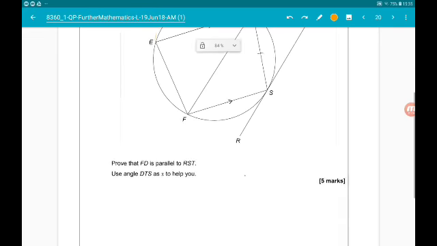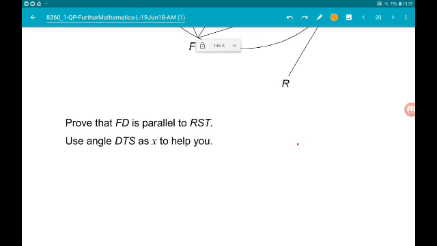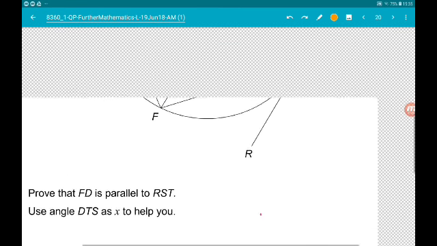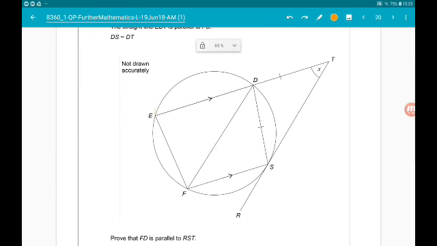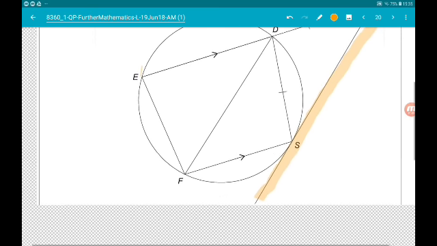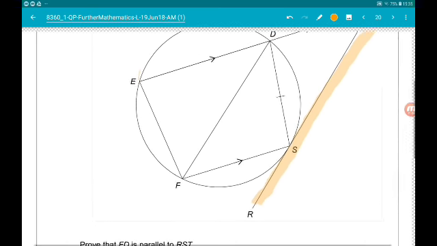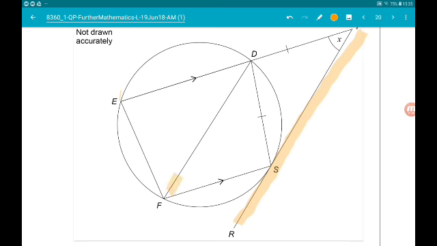Okay, now what we want to do is prove that FD is parallel to RST. So again, RST is the tangent and FD is this line here.